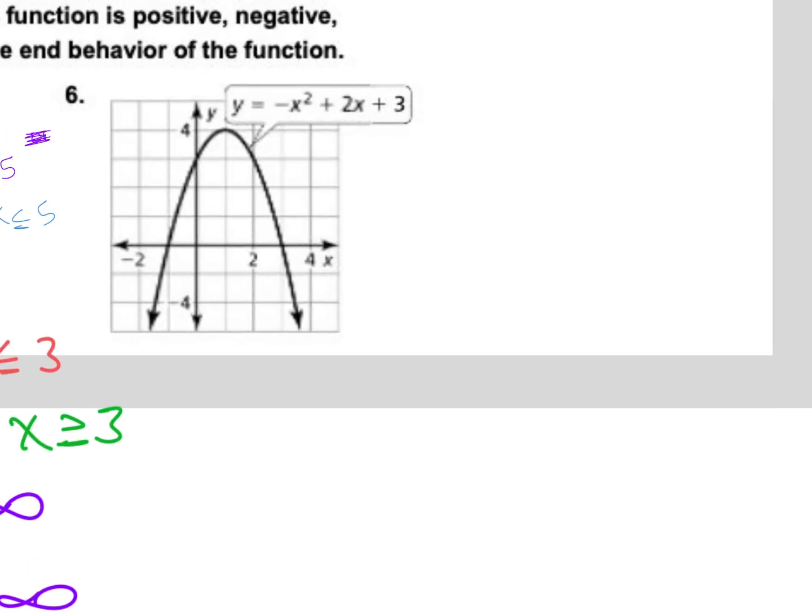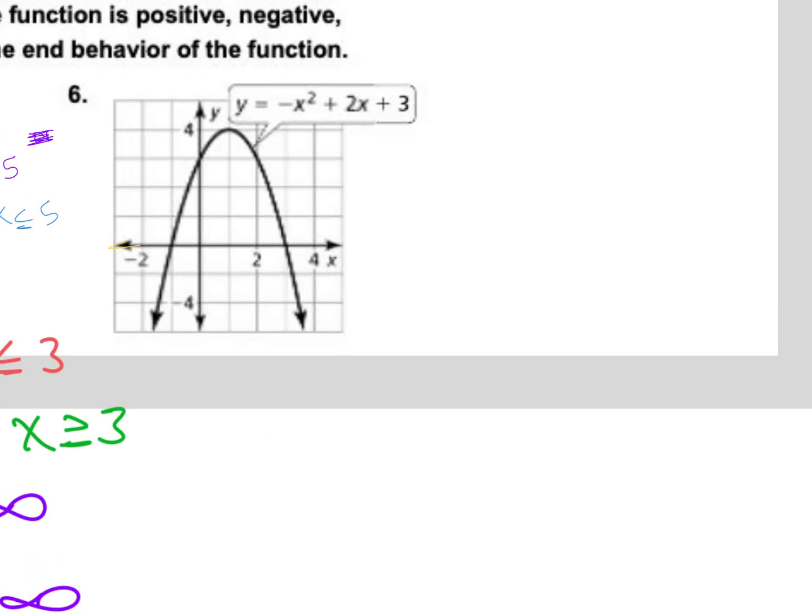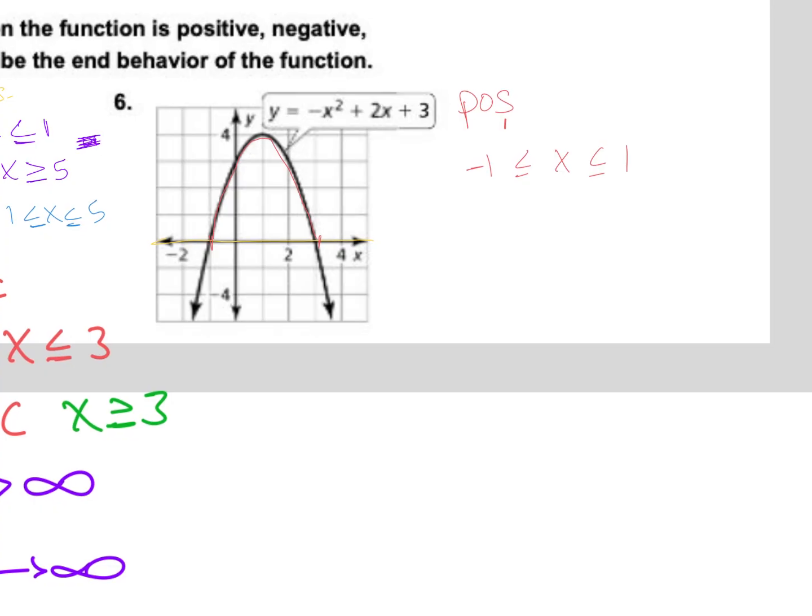Let's look at this last one. Here's my x-axis for positive, negative. So it's positive here. So that would be between, let's see, -1 and 1. By the way, if you notice that the sound ridiculously changed, it's just because I'm in my classroom on the next day doing this.